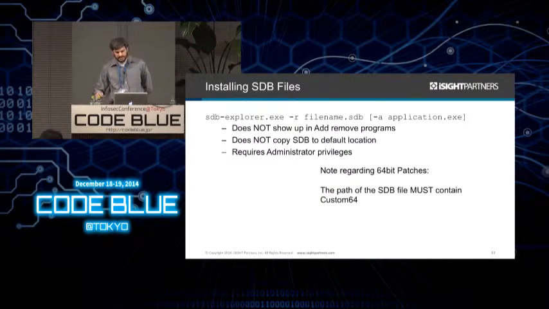So then if you do that, you have to be aware that if you're dealing with 64-bit patches, somewhere in the path needs to be the word custom 64. And my program is not immune to the administrator privileges required anyway, so either way you need to have administrator rights to be able to register, install these files.